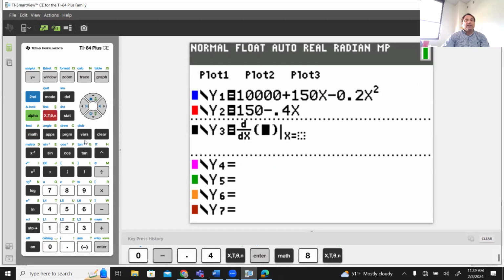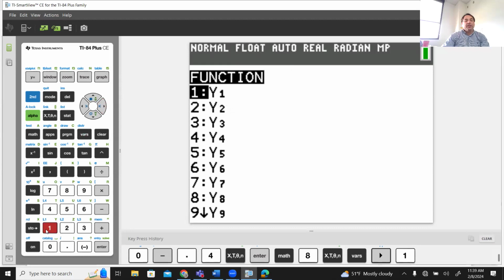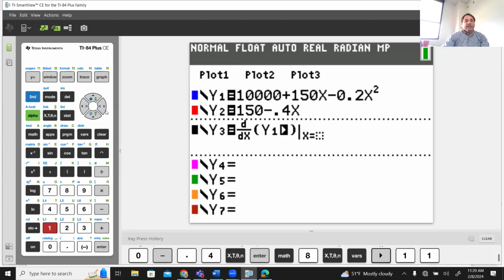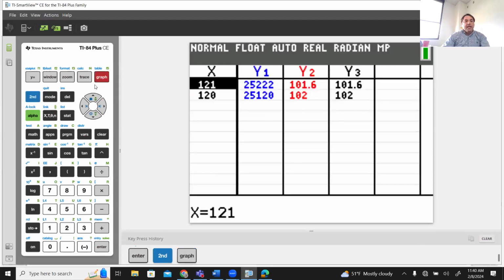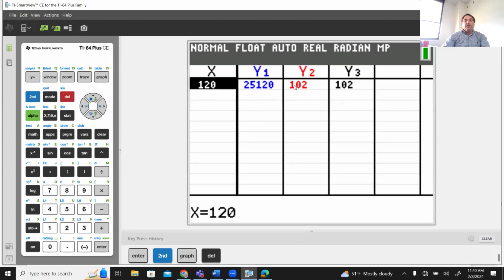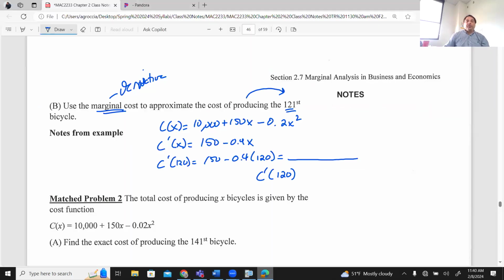This one is x, vars, y vars, 1 for function, y1 is the original, that's what we're taking the derivative of, and then x. If you have the other form of the calculator, it's y1, comma x, comma x. So learn your calculator. And if I do this correctly, go to the table and plug in 120, y2 and y3 should match. Doing it by hand and doing it in the calculator are the same. And you get 102.